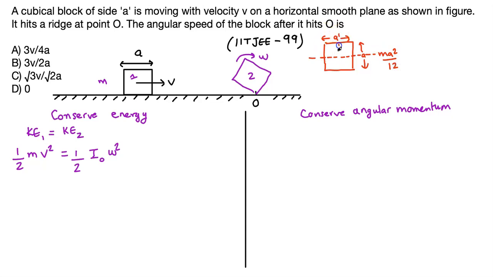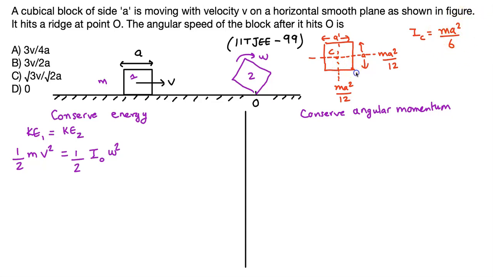And moment of inertia about this axis is also going to be m a squared by 12 by symmetry. So moment of inertia about, let's call this C, I_C is going to be m a squared by 12 plus m a squared by 12. That's the perpendicular axis theorem. And hopefully this is a good review of those concepts. So that's going to be m a squared by 12 plus m a squared by 12, which is m a squared by 6.